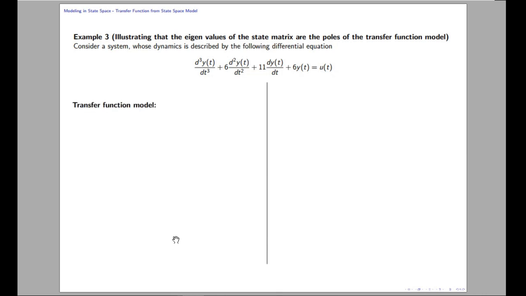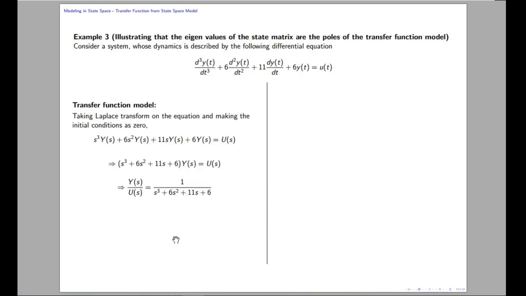So first let us get the transfer function model. To get the transfer function, what should you do? You should take the Laplace transform on both sides of this equation. So this is a third order derivative, so you'll get s cube Y of s, 6 s square Y of s, because it's a second order derivative.